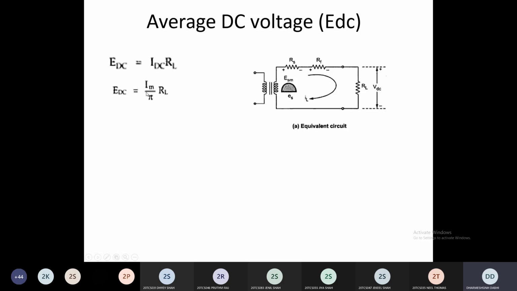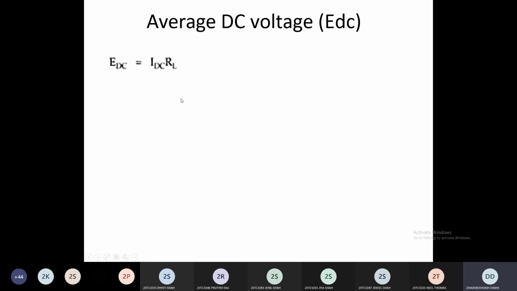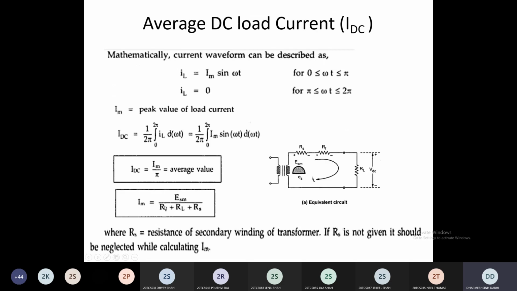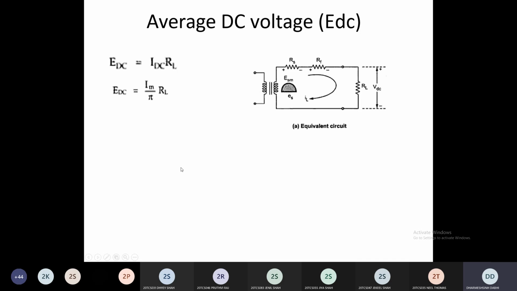Now we already derived the equation of Im, that is ESM divided by RF plus RL plus RS. So again, replace this value of Im in this equation. Your final equation of average DC voltage becomes ESM divided by (RF plus RL plus RS) into pi, and into this RL, load resistance.